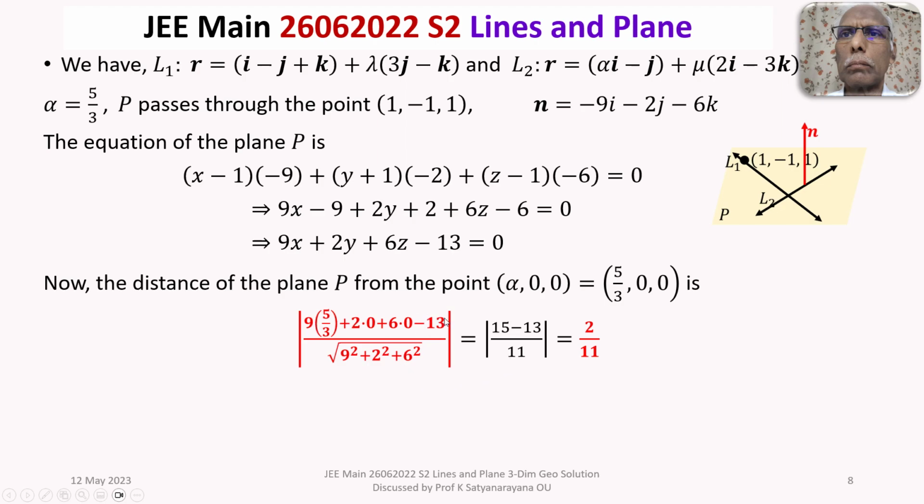And when you simplify the numerator, you will get mod of 15 - 13. And that will be 2 by 11.